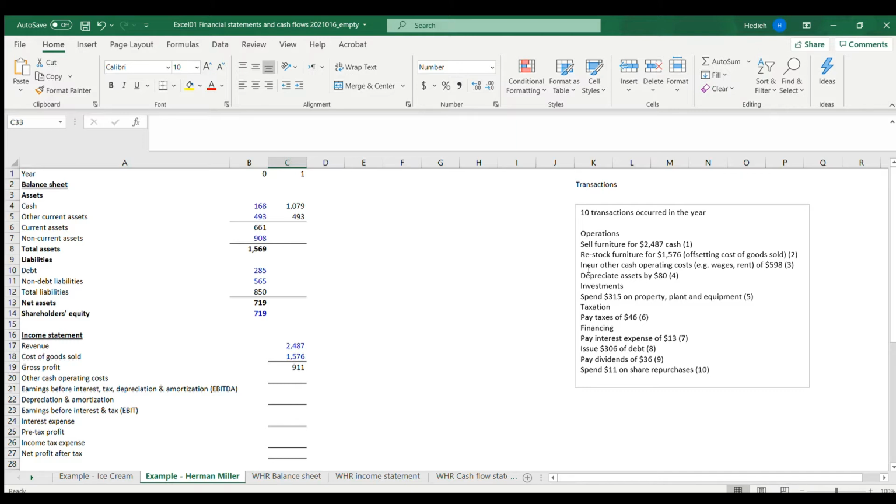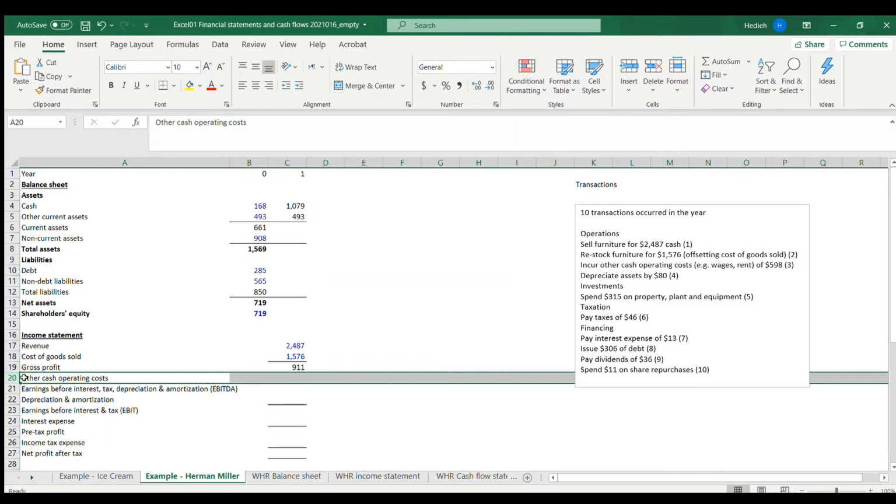Okay, let's go to the third transaction that we have. The third transaction is other cash operating costs. So the first thing that comes to our mind is that this is related to the production of the company, so this should affect the income statement.